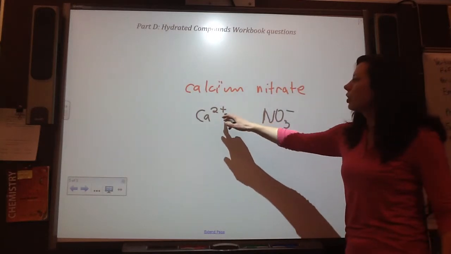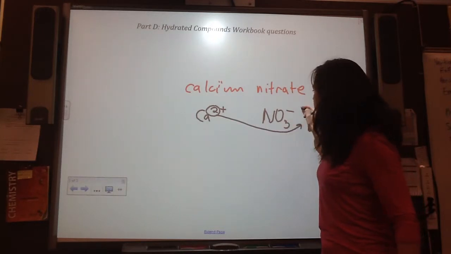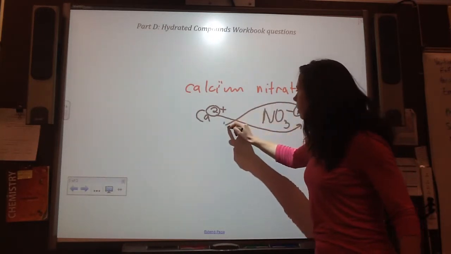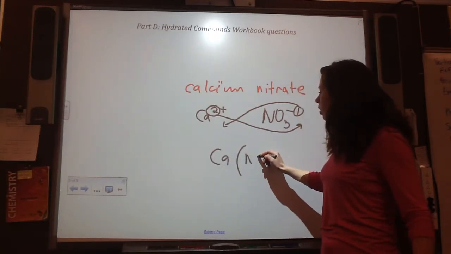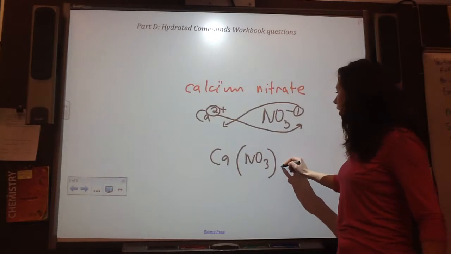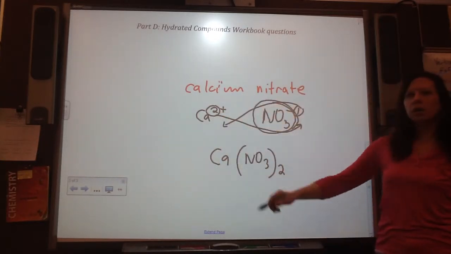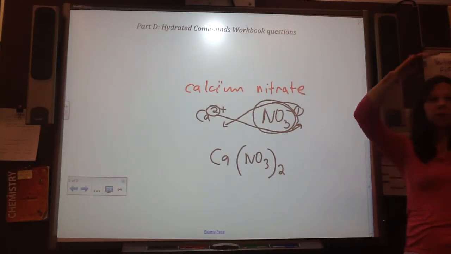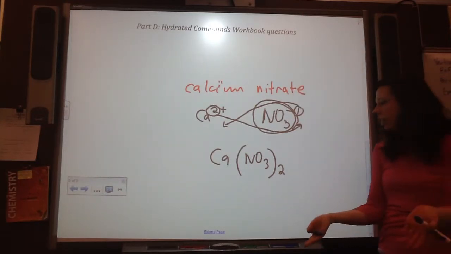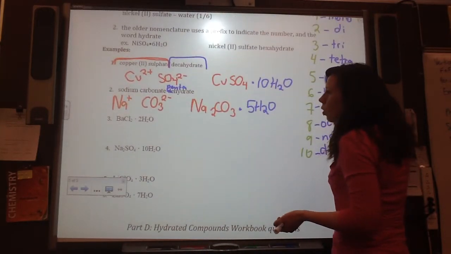When I crisscross these, this 2 comes down here, and this 1 goes down here. So I end up with Ca1(NO3)2, because this 2 had to apply to this whole thing. It doesn't just apply to the oxygen, it applies to the whole polyatomic ion. Okay, so we'll go back.